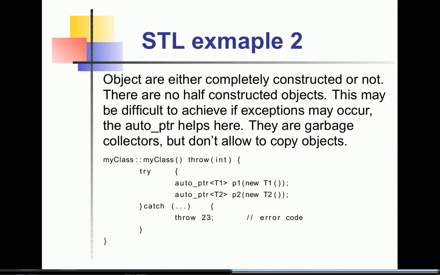So whenever you create a new object using the new operator, which puts it on the heap, you wrap it inside an auto pointer or a shared pointer, which is a different class that does more or less the same, then C++ will guarantee that this will automatically be deleted at some point.